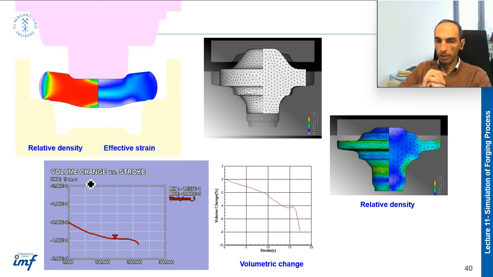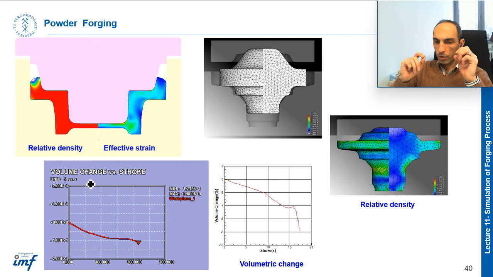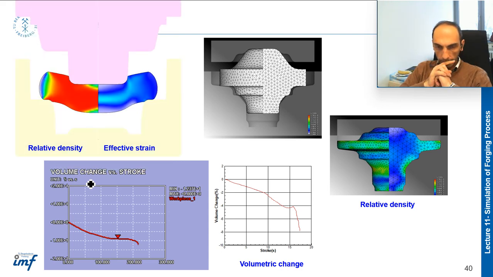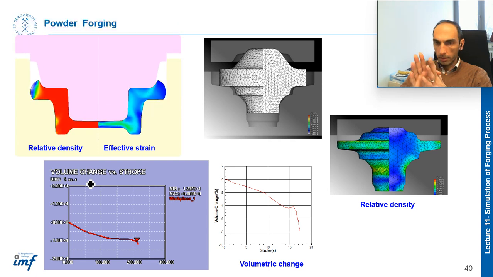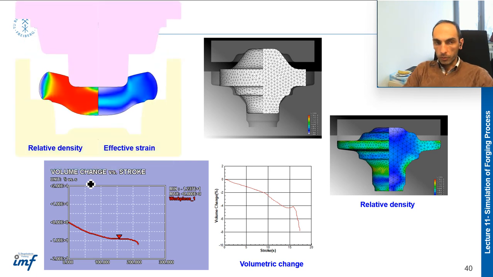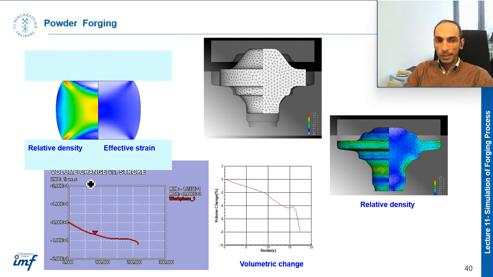When remeshing happens, a small volume change is unavoidable. But that is different from the kind of volume change we have in powder forging. So I think this is the last example of the simulation.